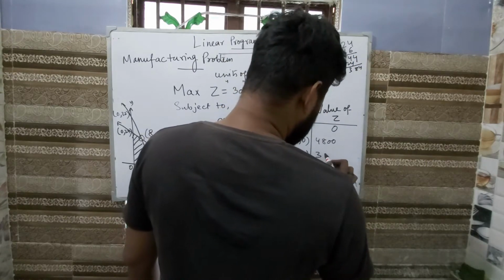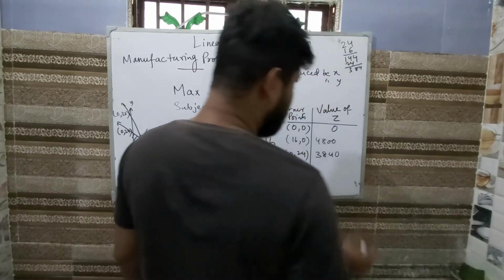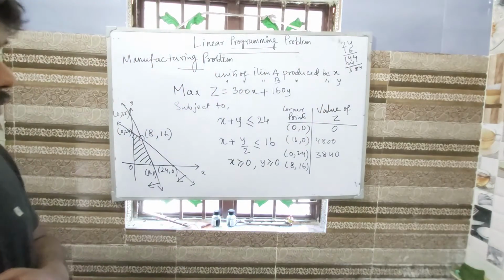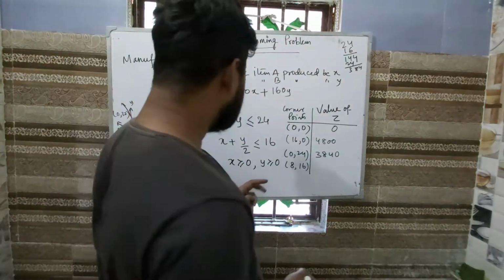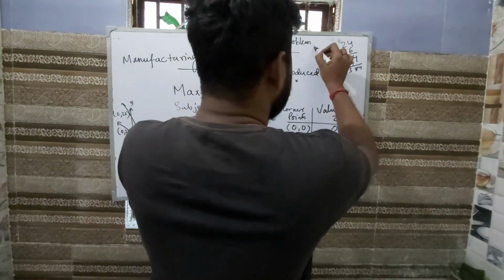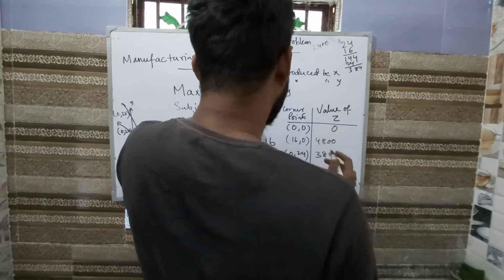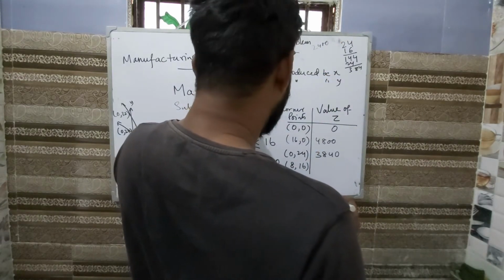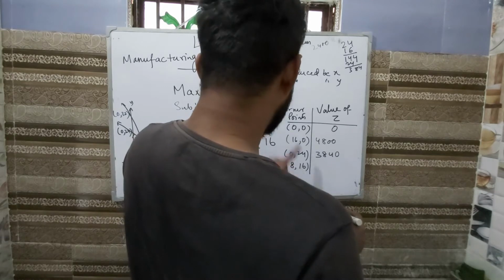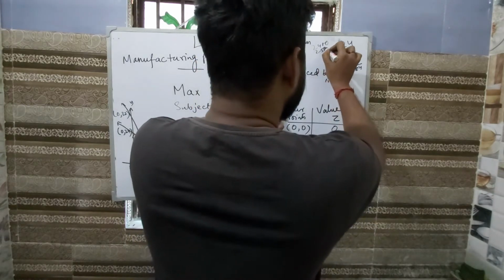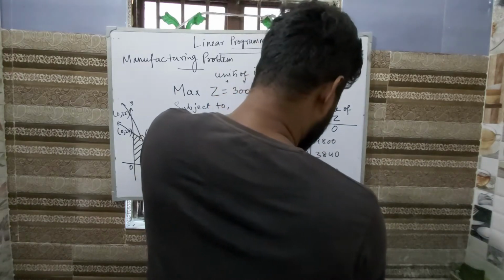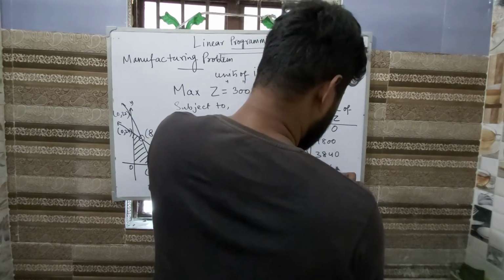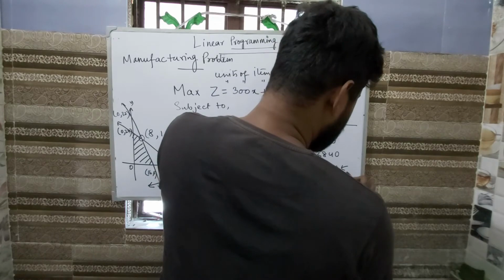So that is 3840, and 8 comma 16, that is 2400, and 16 into 160, 2560, 4960. So this is max, right?